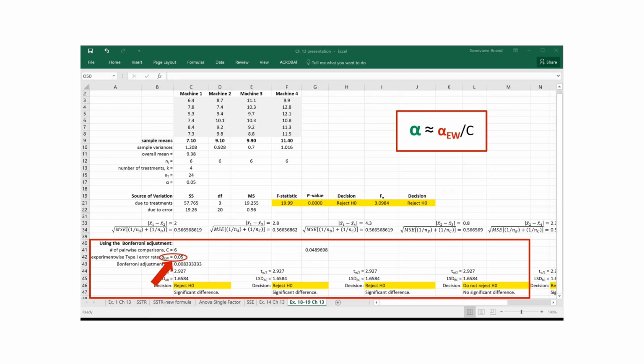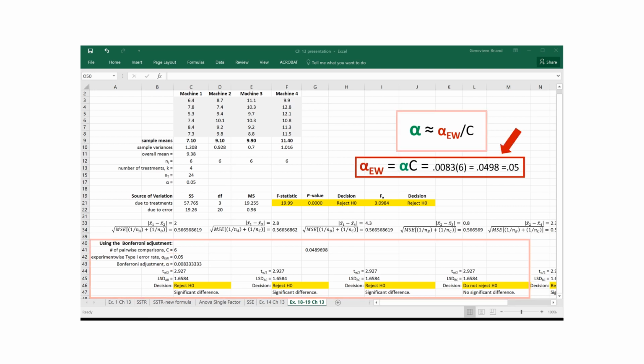We set the experiment-wise type 1 error alpha EW to the desired level, 0.05. So to get that desired level alpha EW 0.05, we need to set alpha equal to 0.0083, much lower.